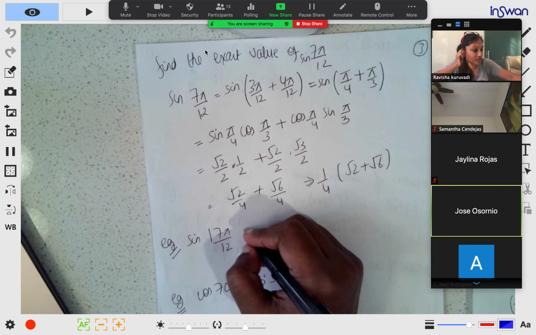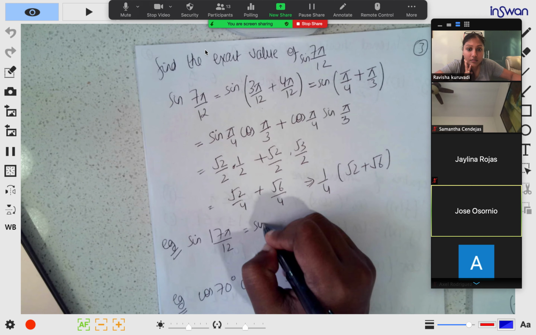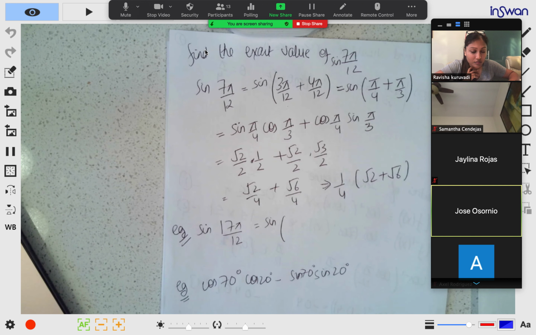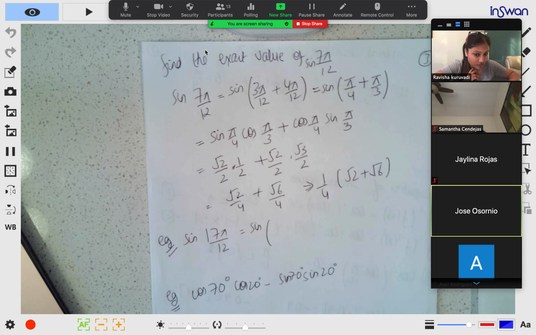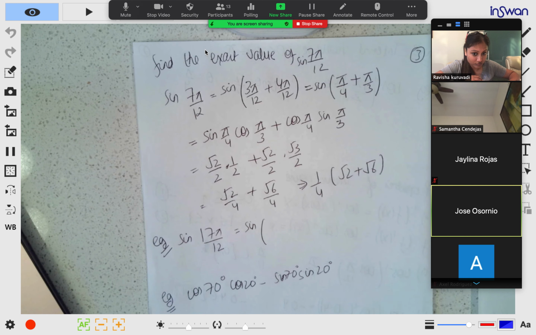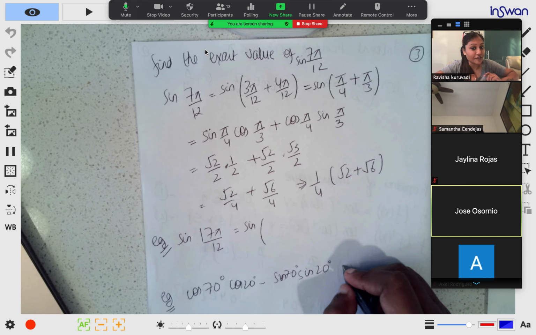Yeah, I had a quick question for the second one. Since it's the second property for the cosine because of the subtraction, cosine alpha, cosine beta minus sine alpha, sine beta. Wouldn't we just subtract 70 from 20? Do you really subtract?